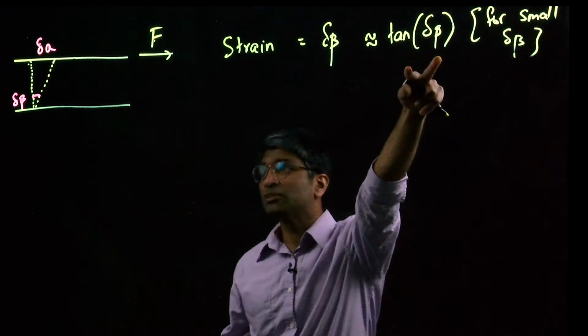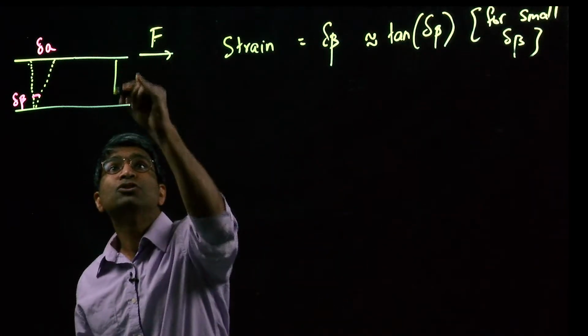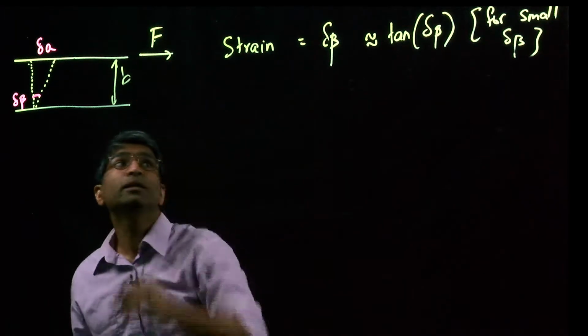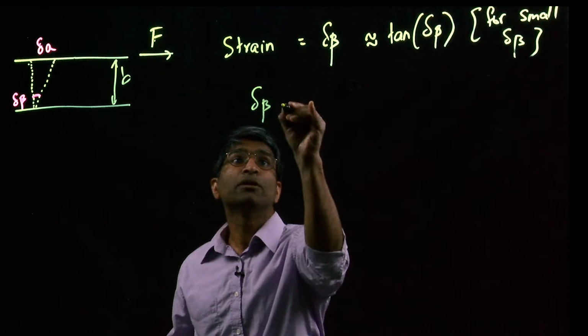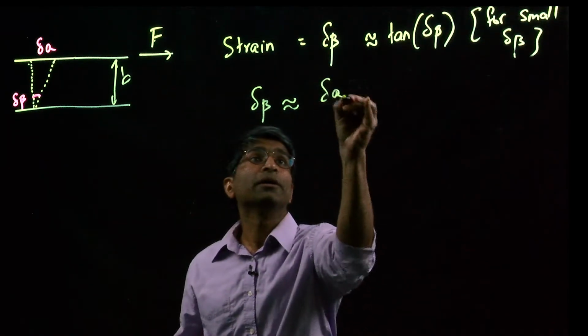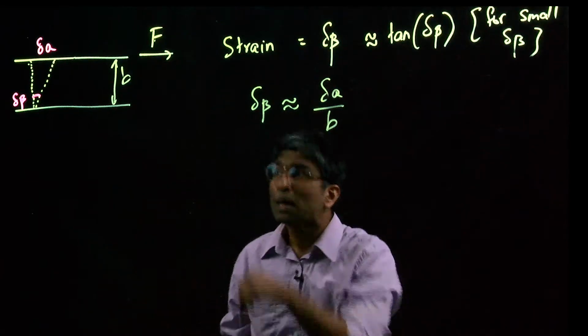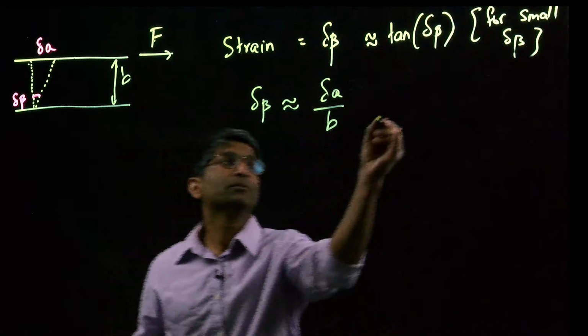And tan of delta beta is something that I can calculate if I assume that my spacing here is given by b. I can say that my delta beta, which is now tan delta beta, is approximately equal to delta A over b. And so this is my strain.